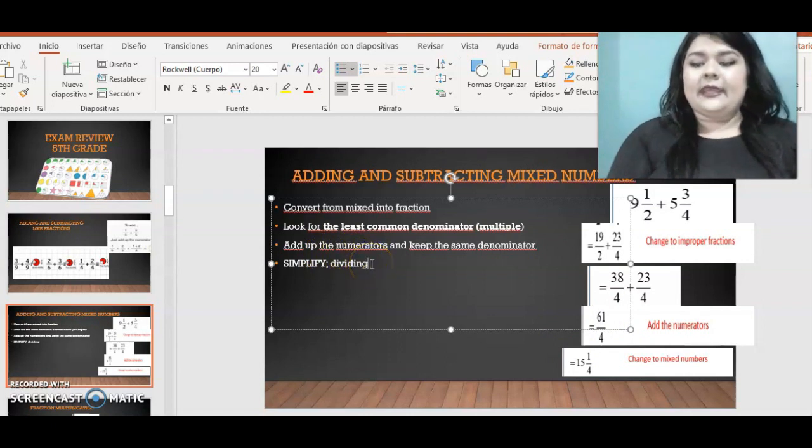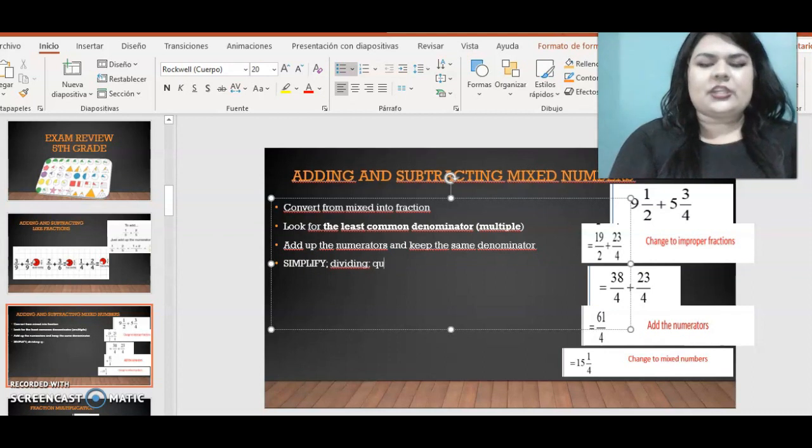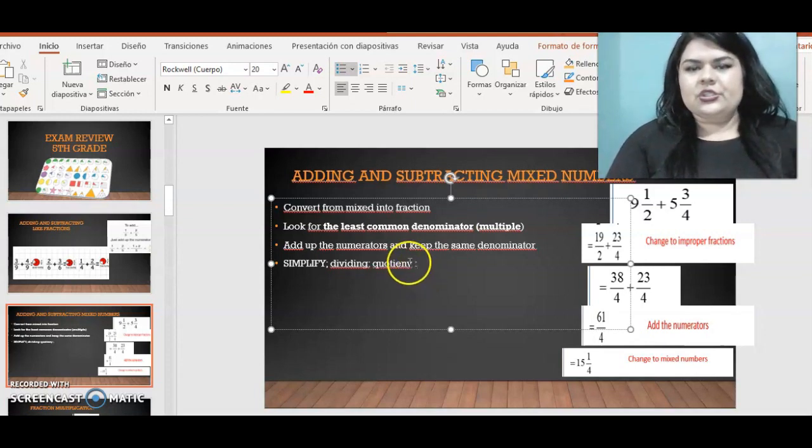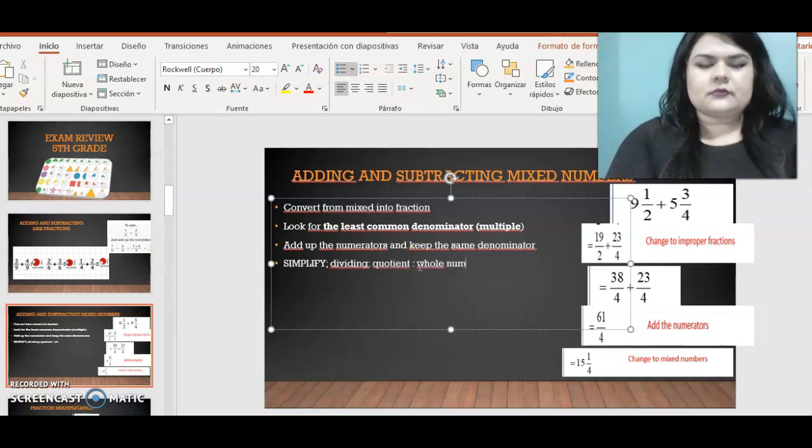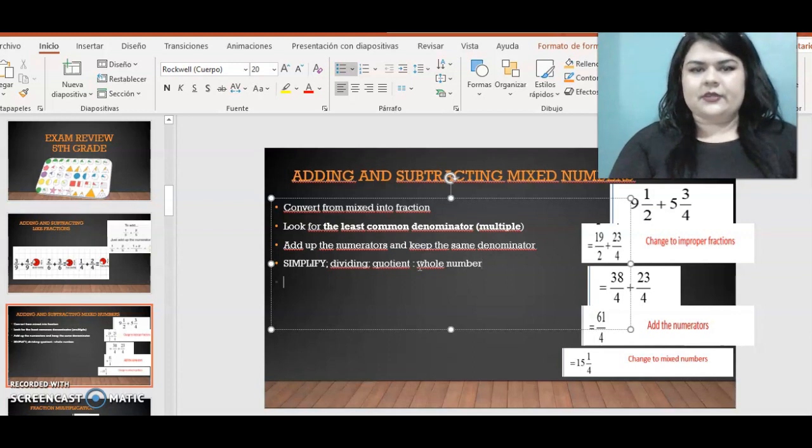Now, when we make the division, remember that the quotient is the whole number. Okay? Remember this. The quotient is the whole number.